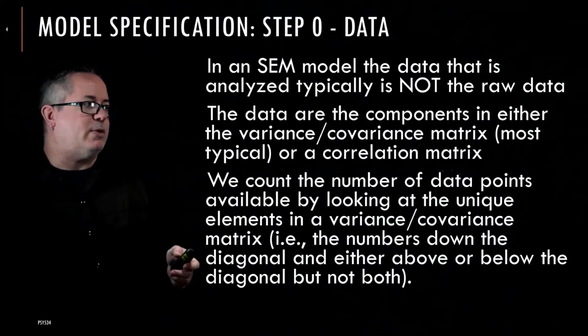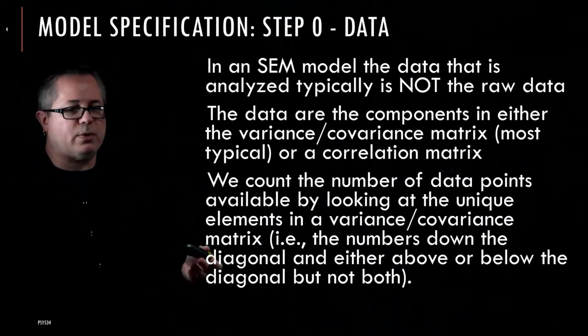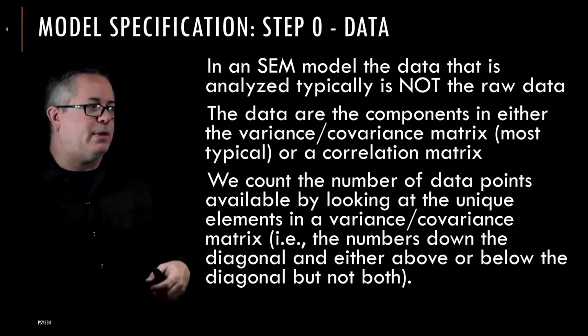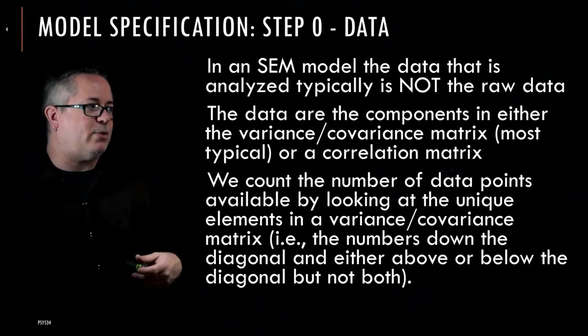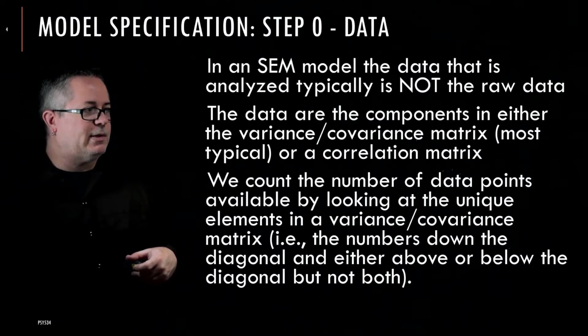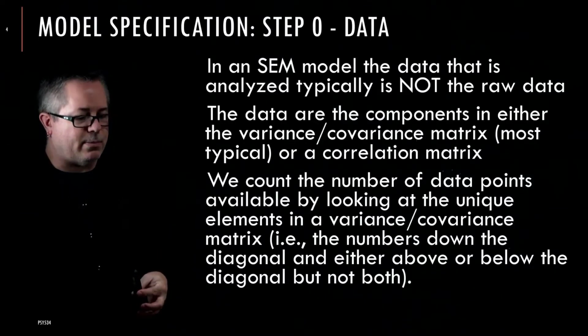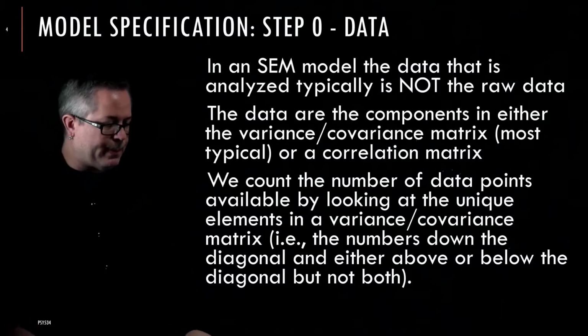So the data are components in either the variance-covariance matrix or correlation matrix, depending on how you're estimating them. And we count the number of data points available by looking at the unique elements in a variance-covariance matrix. So the numbers down the diagonal and either above or below the diagonal, but not both. So what the hell am I talking about?